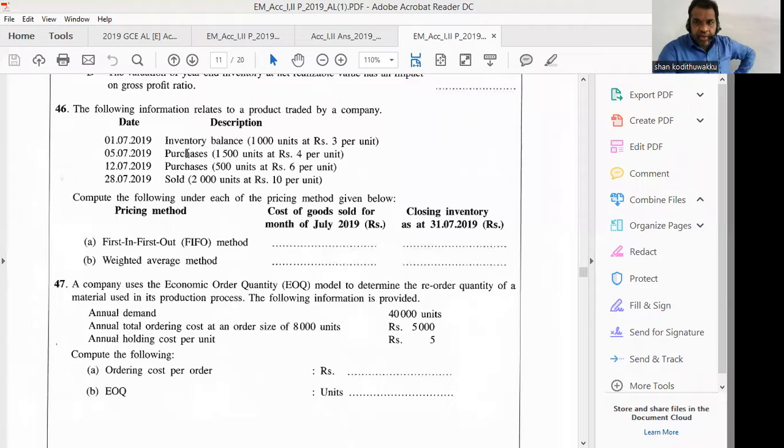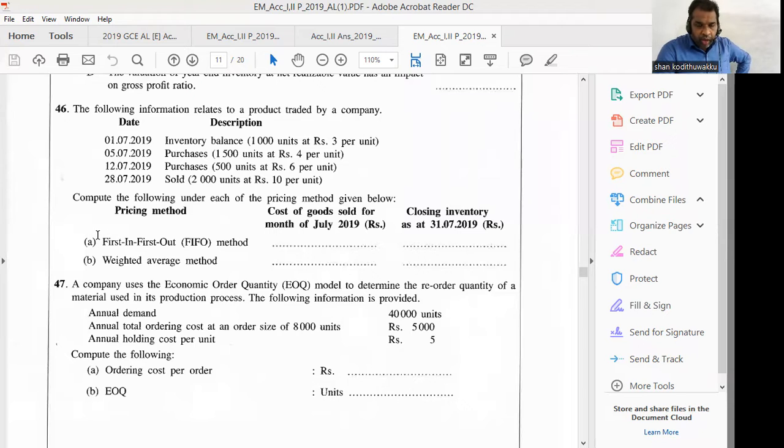You can just see question number 46. The following information relates to a product traded by a company. You are given date, description, and pricing method, cost of goods sold for the month of July 2019, and closing inventory as at 31st July 2019.